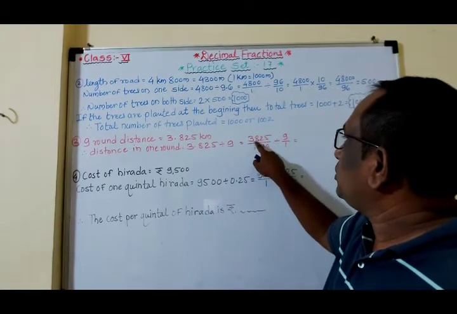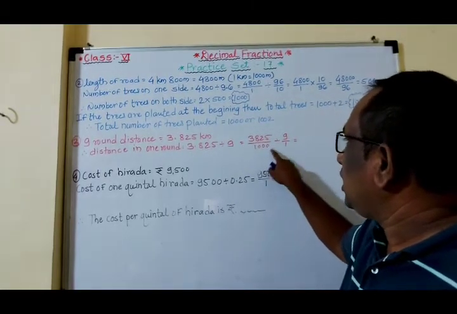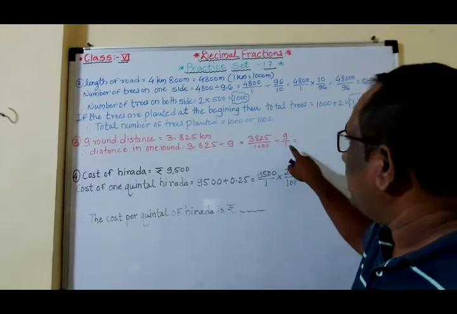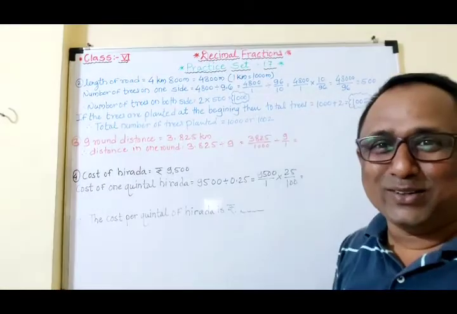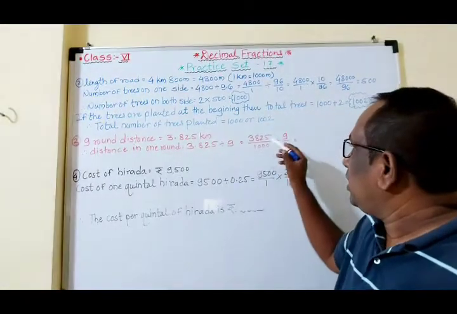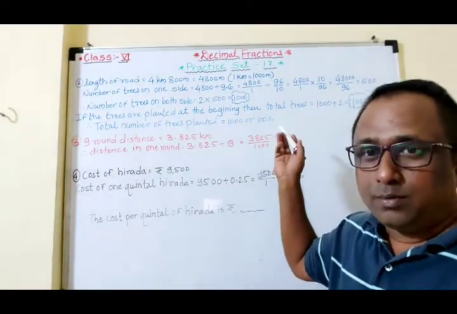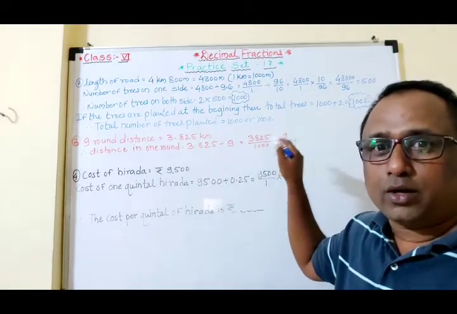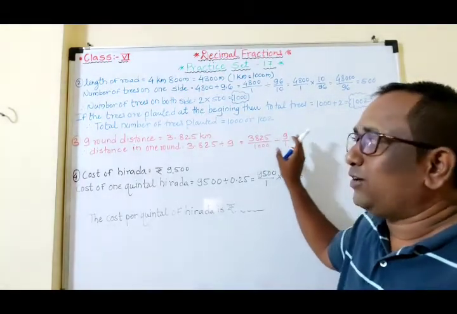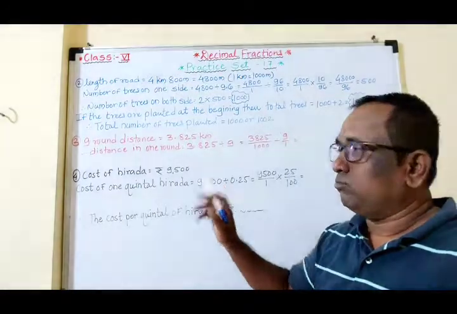So 3825 upon 1000 divided by 9 upon 1. Now next step, students, you know what you have to do. Write the first fraction, then write the reciprocal of the second fraction. Reciprocal means multiplicative inverse. Do the multiplication and find out the answer of this question.